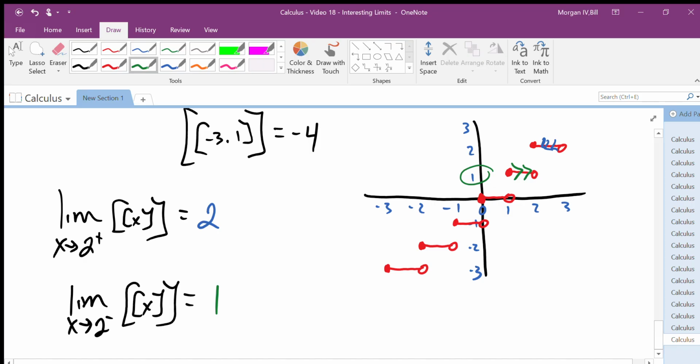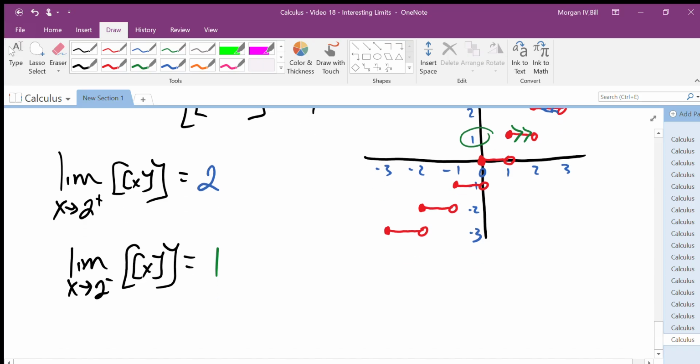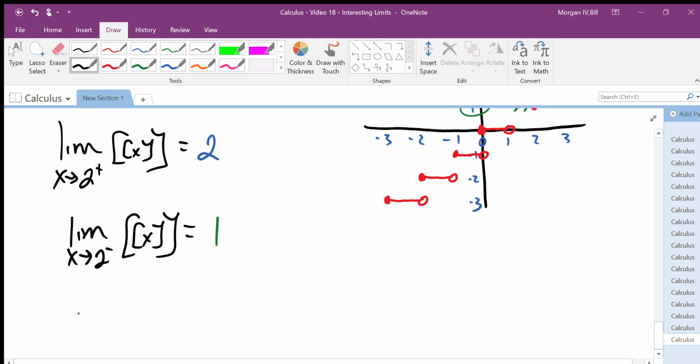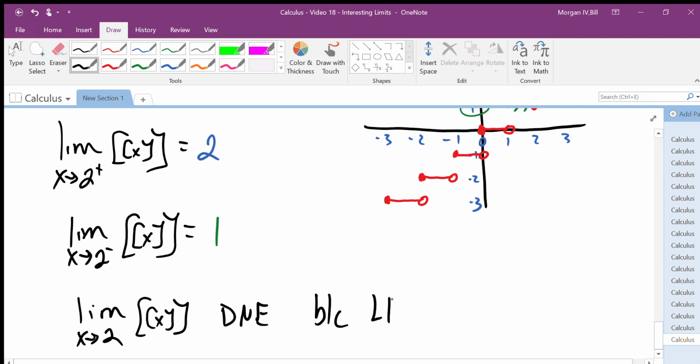So from the right it's at 2, from the left it's at 1. There's a jump. Therefore, the overall limit as x approaches 2 of the greatest integer function does not exist because the left-hand limit does not equal the right-hand limit.